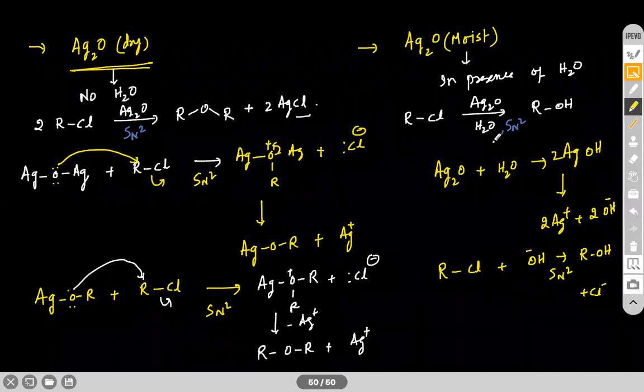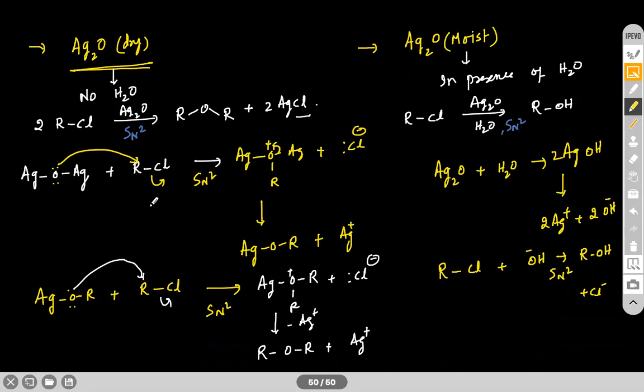So SN2 happens twice. So again here, if it is chiral, then there won't be any inversion? Inversion, always. Whenever SN2 is there, if the compound is chiral, the configuration gets reversed. Yes, so it's happening twice over here. So the ether won't be chiral? No, the ether won't be involved.